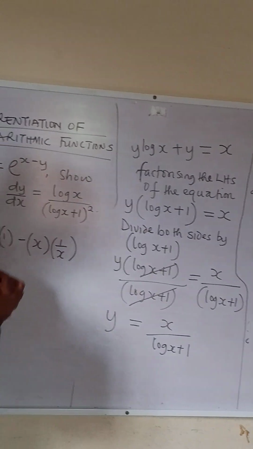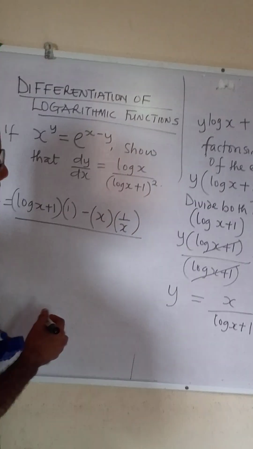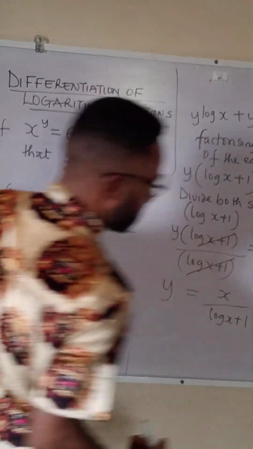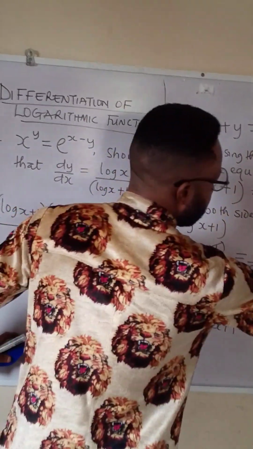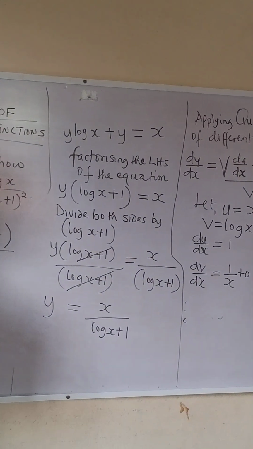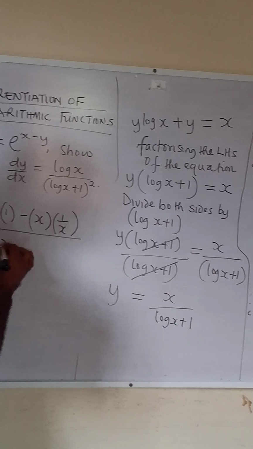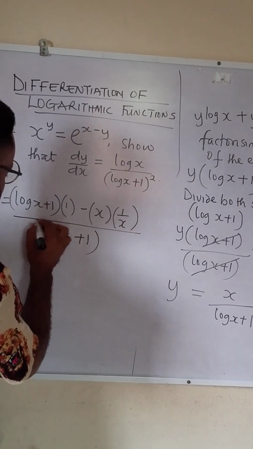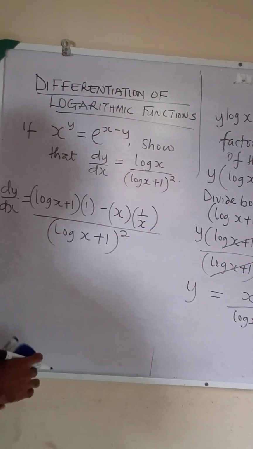We are done with the numerator. Our denominator is just v squared, so we write log x plus 1 raised to the power of 2.